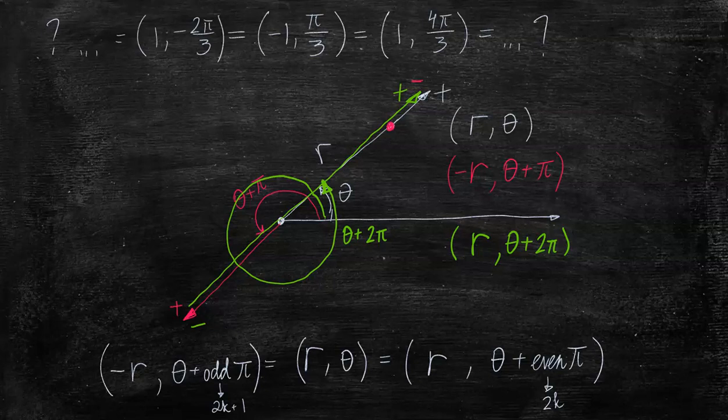Now we know that every point in polar coordinates can be expressed in multiple ways. So you may ask, which way do we prefer? And the answer is, it depends. Sometimes we prefer to write our points to have the radius, or the radial coordinate, be positive.